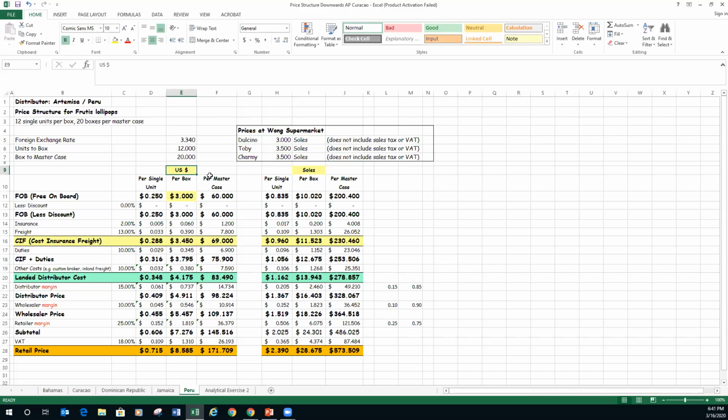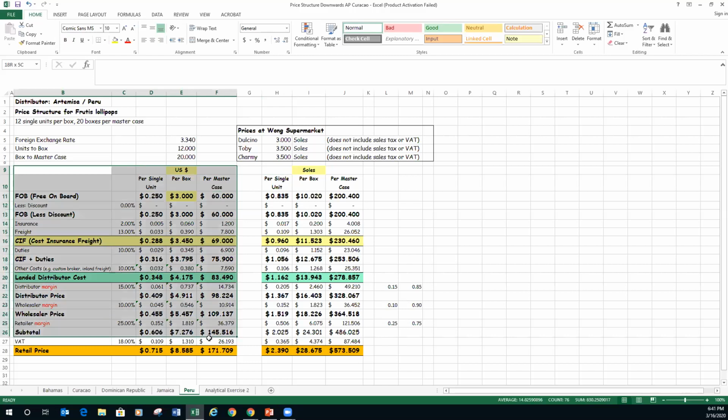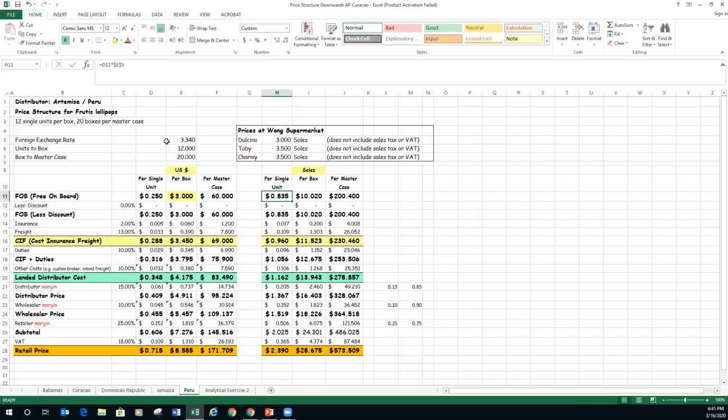Then we're gonna have 2 parts to the price structure. We're gonna have the one in US dollars, and the one in the local currency, which is soles. Creating the second part, the one in soles, is gonna be very easy. Once you create the first part, you just multiply that one times the exchange rate.